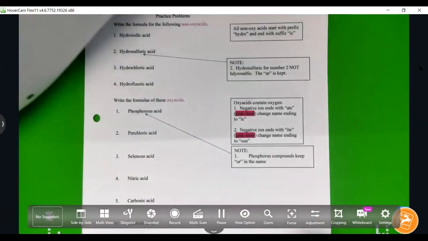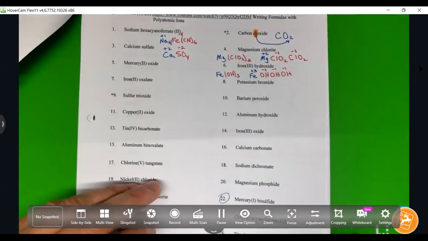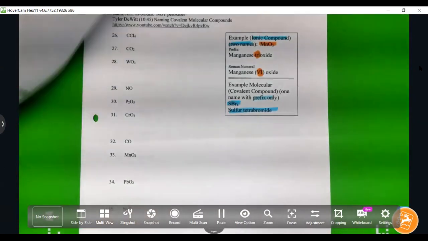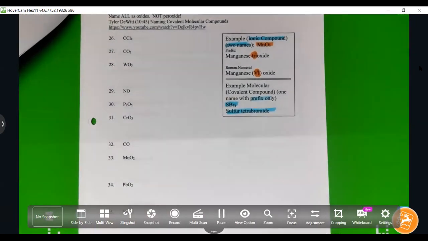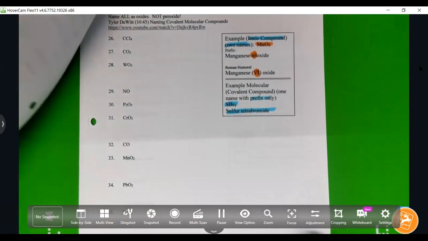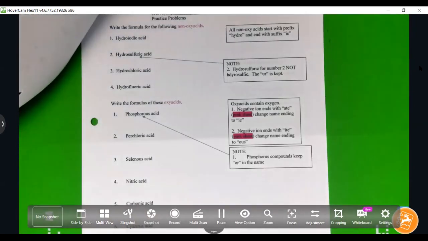So we went through what, page 5 or so. All right, let's look at page 6.